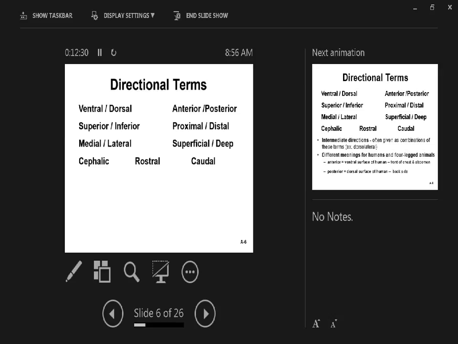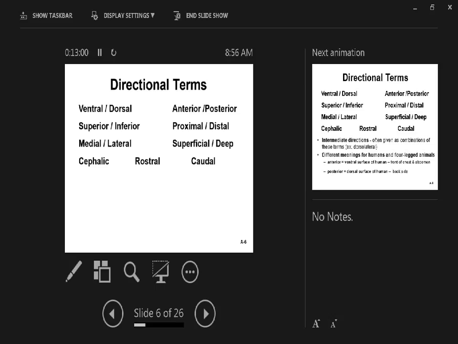This is ventral or anterior. And what would this be? Posterior. It's going to be posterior, right? Why? What's the back? Why is the aorta ventral or anterior?